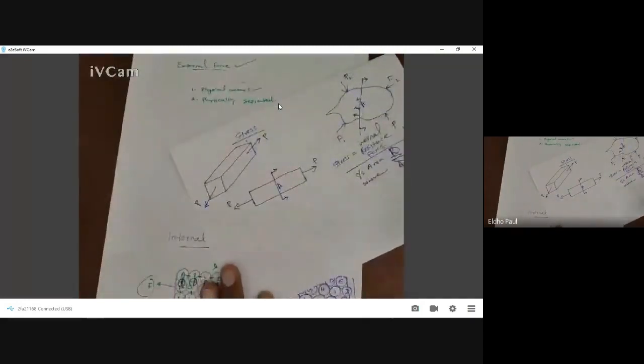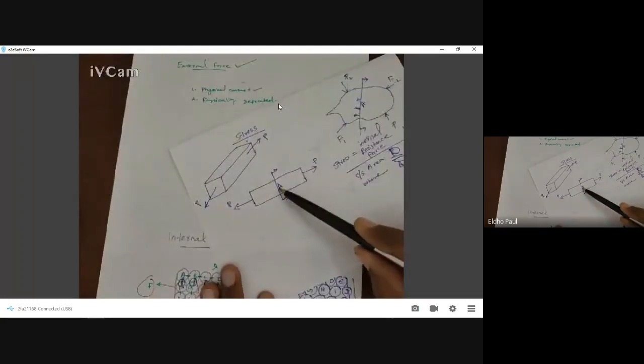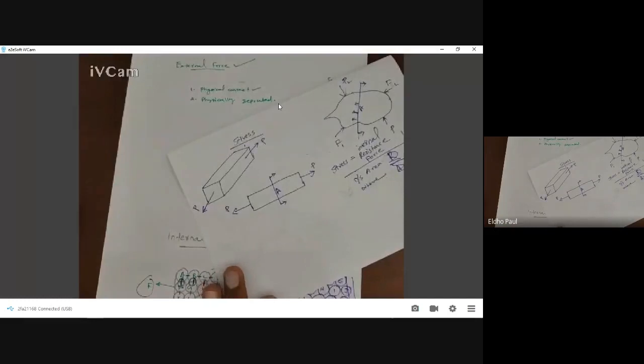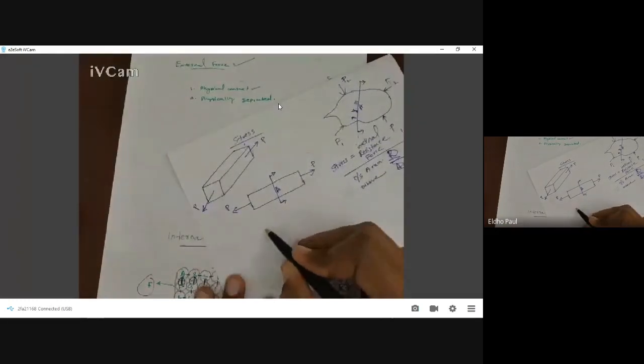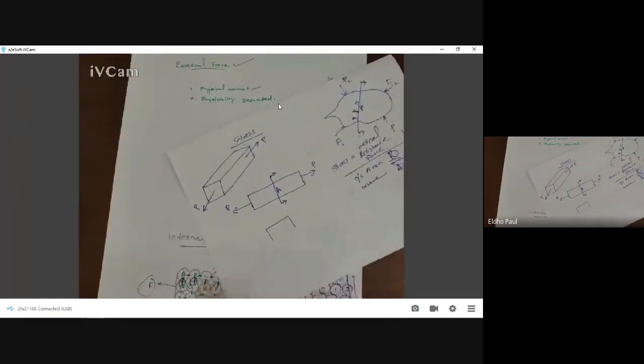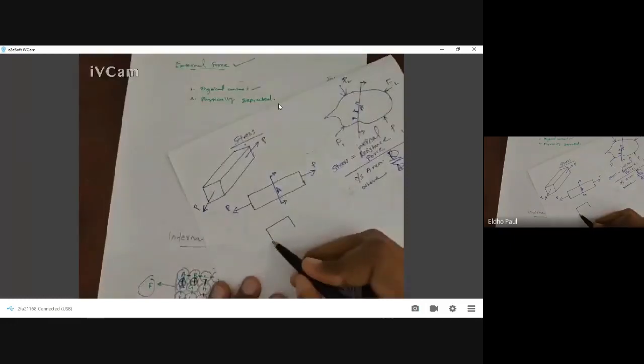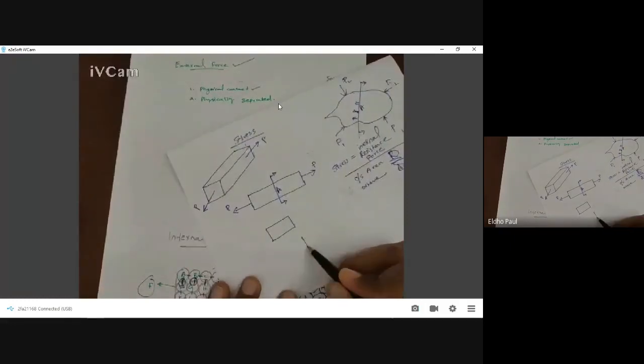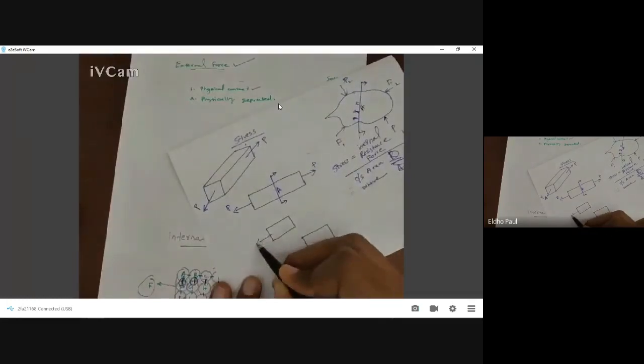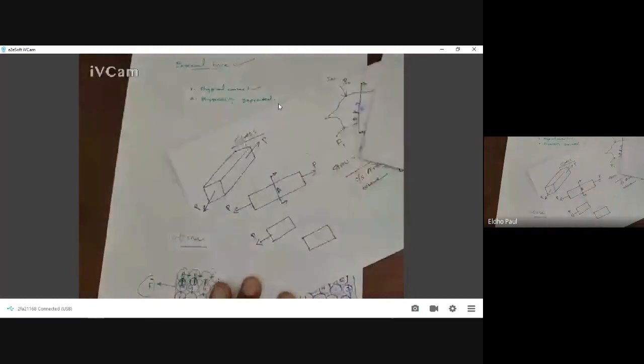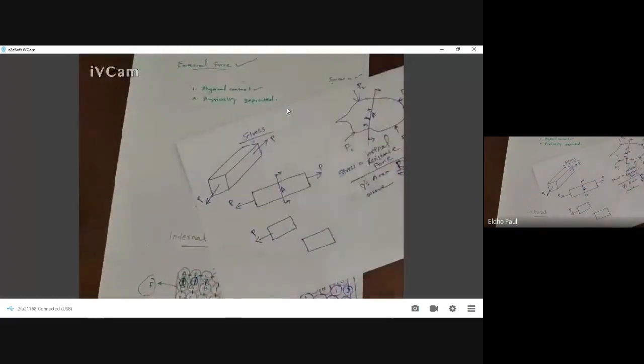So initially you have to find this internal resistance force across this cross section, and for that we need to apply the method of sections. So I divide this body into two parts. This is the first part where the force P is acting.